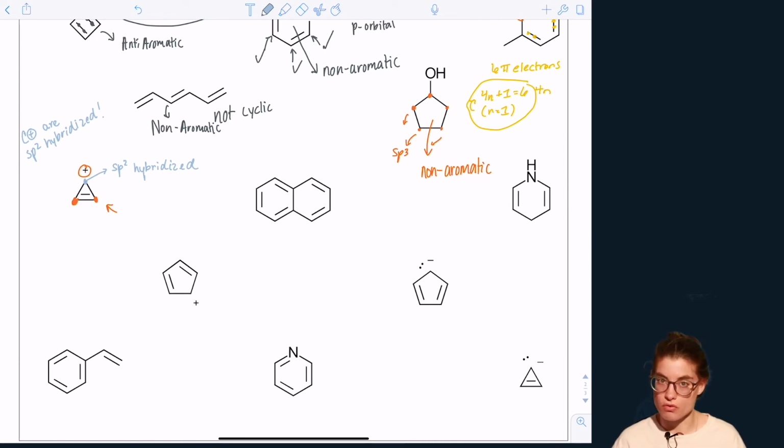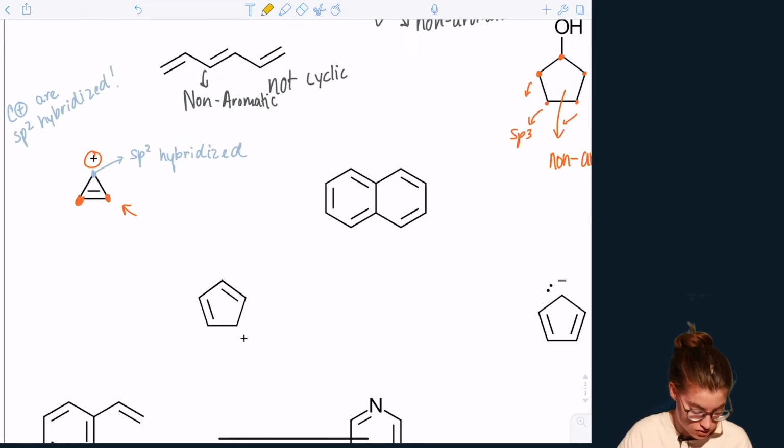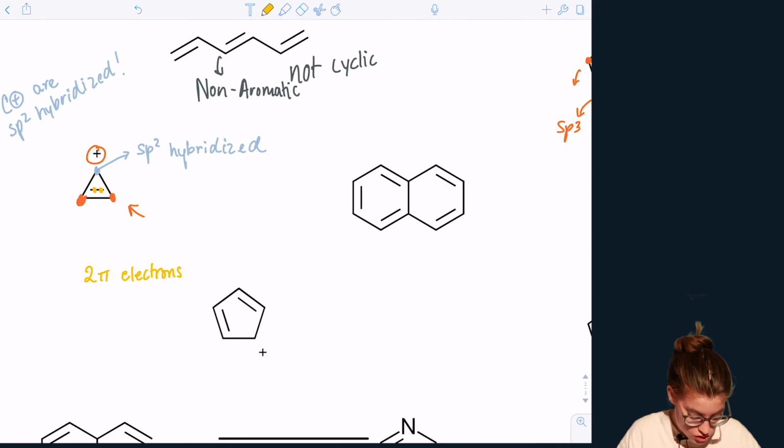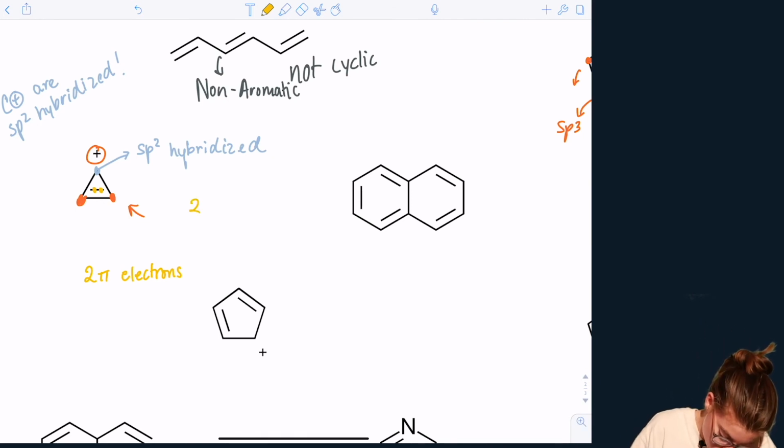So now we can go through the process of, is it aromatic or is it anti-aromatic, looking at the pi electrons. So we've got 1, 2. We have 2 pi electrons. So which equation do I need to get to 2? Is that going to be 4n plus 2 or 4n?